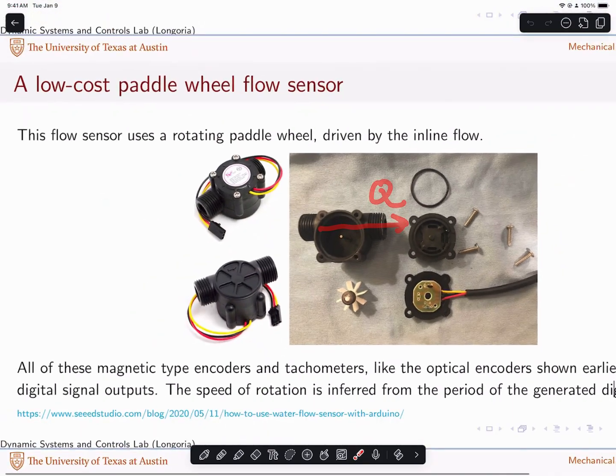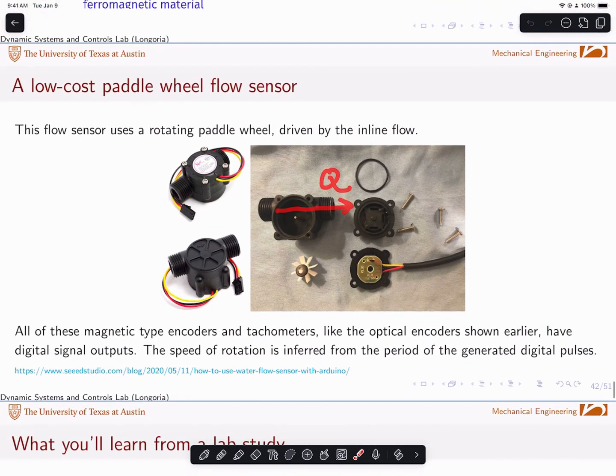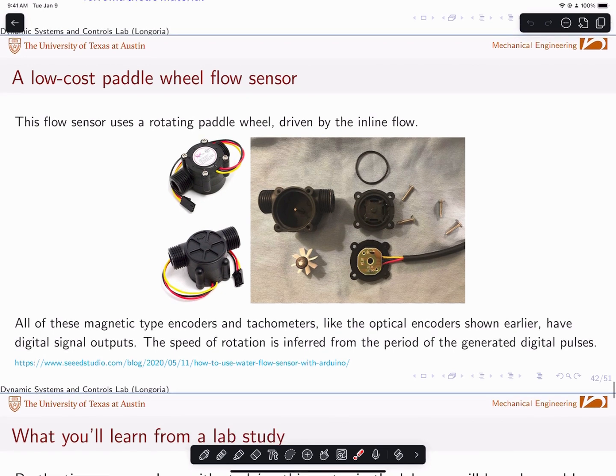So the same kind of algorithm that we're using to measure, say, speed of rotation for the motor can be used to measure and estimate flow rate using these simple sensors. They're used in all kinds of applications like water dispensers and so on.